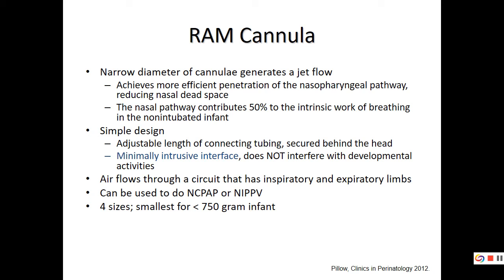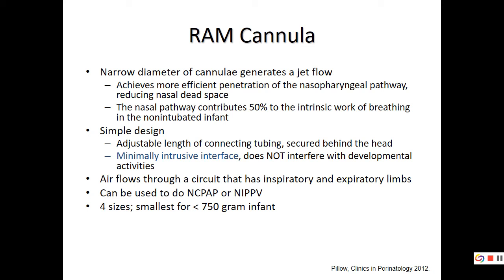If you think about resistance to airflow and dead space, about 50% of work of breathing in a non-intubated patient all happens up in here. And so the idea with the RAM cannula is that this jet flow of air is reducing the dead space. It's got a simple design. It seems to be well tolerated. It's not very intrusive compared to some of the other devices I showed you. I think it's better for development.